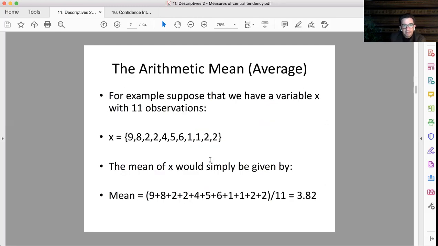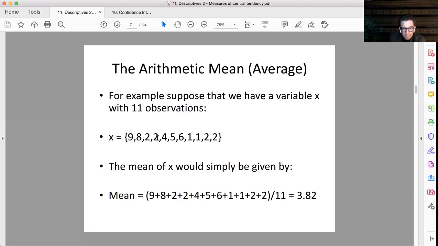For example, if the variable x has 11 observations, and these are them, the first observation for that variable is 9, the second is 8, and so forth. For the mean, we just add all those values, 9 plus 8 plus 2 plus 2 plus 4, add them all, and divide by the number of observations, which is 11.